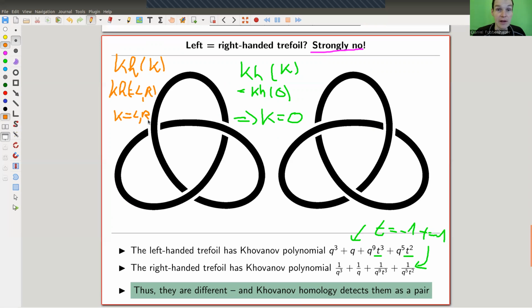So you can detect trefoils. We were struggling for a long time to even say anything about those. And now we kind of have the statement that we can even detect them using Khovanov homology, which is really, really, really a cool statement in the end. So they're very non-different, and it's very surprising that it took us such a long time. Somehow we had the wrong perspective on the problem. It took us a very long time to figure out that they're actually different.